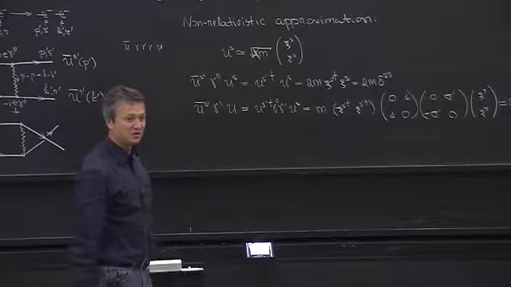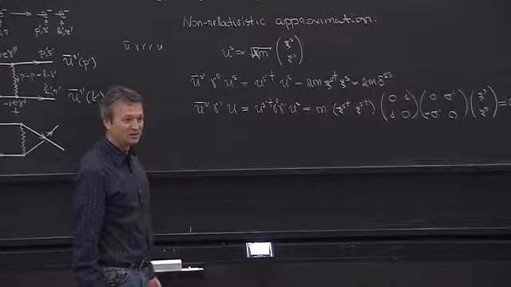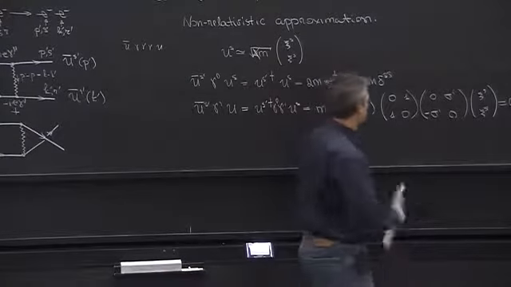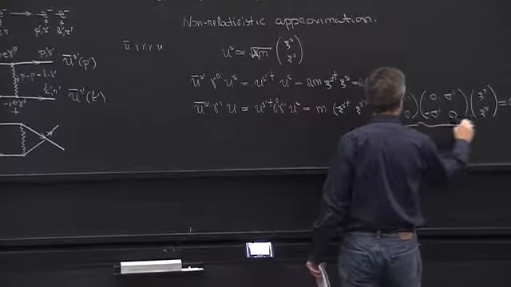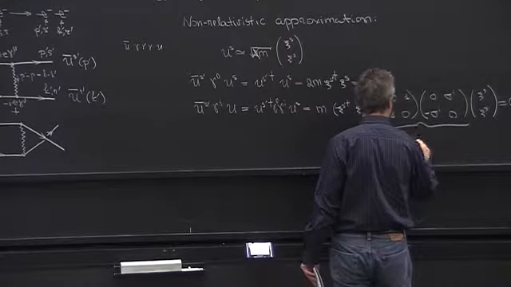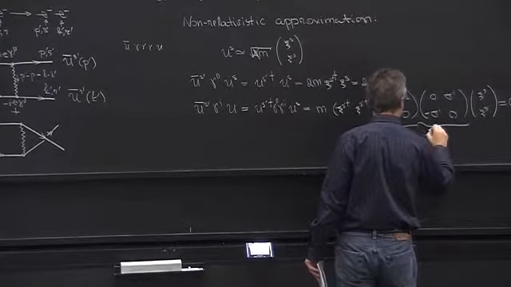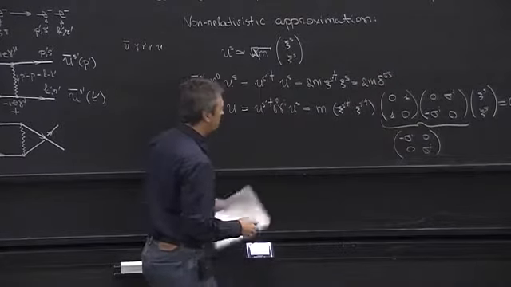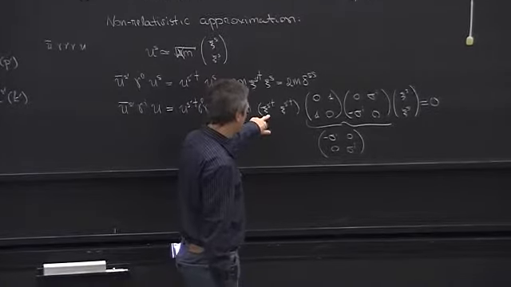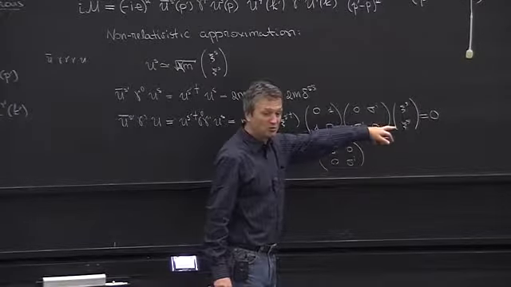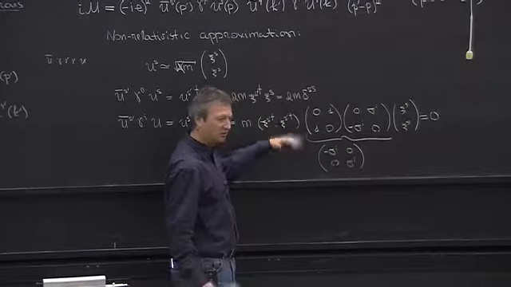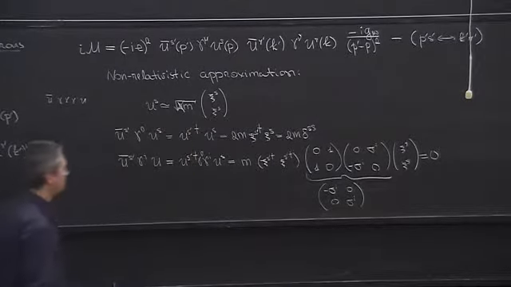Can you see this immediately? Well, if you multiply the matrices in the middle, what you get is the diagonal matrix with the sigmas on the diagonal, and we take it sandwiched between the same two spinors. So it will be a difference of two terms which are of the same form. So this is 0.